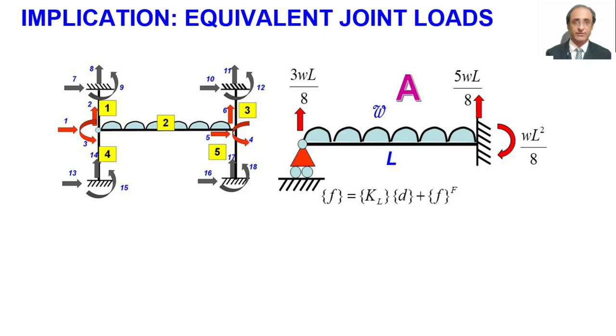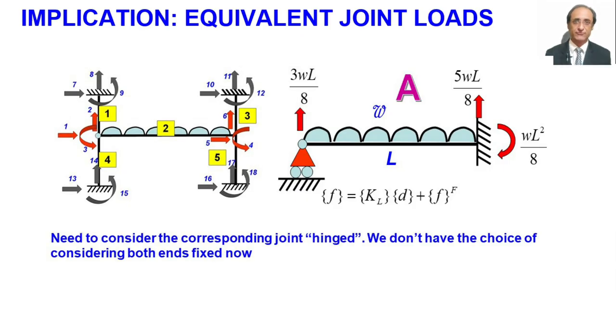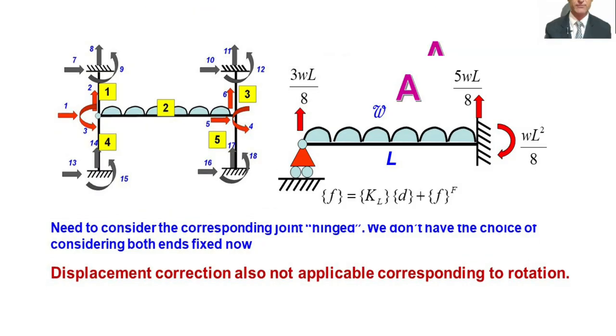In this particular case, we don't have a choice like in the previous approach, where we could either fix both ends or keep one as hinge. Here, because we have considered a permanent hinge, we have to consider it hinged when obtaining the equivalent joint loads also. So displacement correction will not be applicable corresponding to the rotation here.